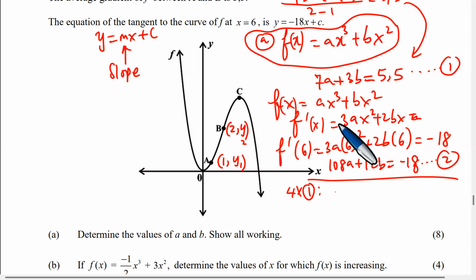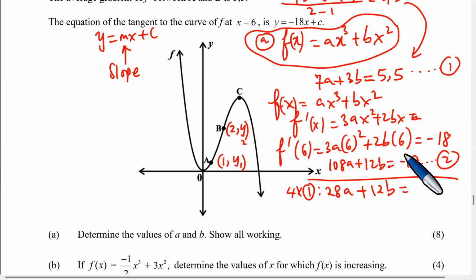4 times 7 is 28. 28a plus 12b is equal to 4 times 5,5. What is 5,5? Right, we are multiplying that by 4. 5,5 is the same as 55 out of 10, which is 11 out of 2.